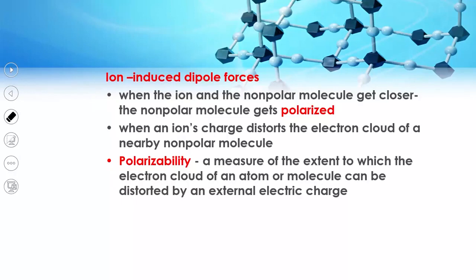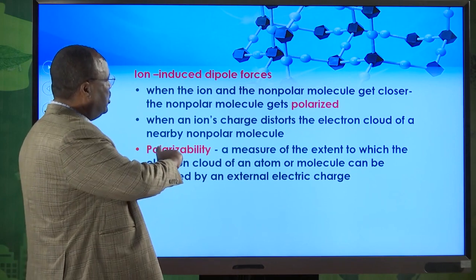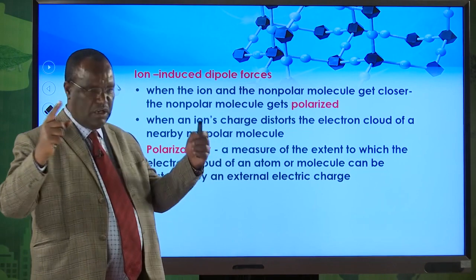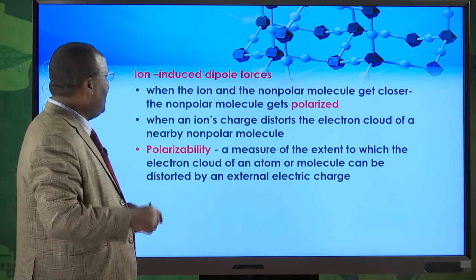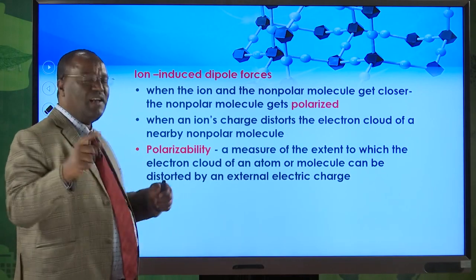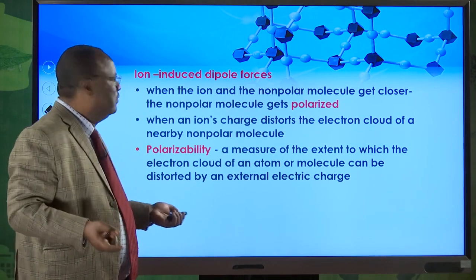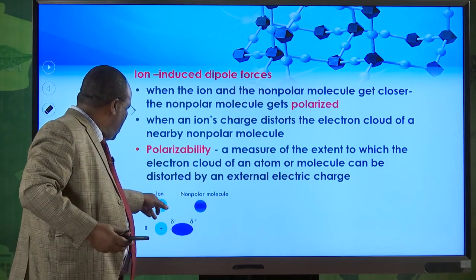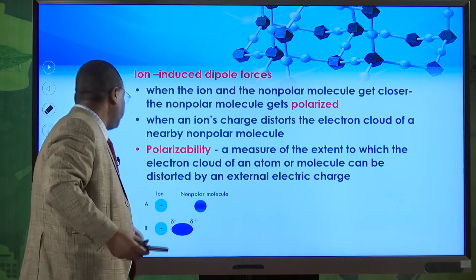So ions are charged particles. These ions can distort the electron clouds when the ions and nonpolar molecules come together. The electron cloud of the nonpolar molecule is distorted, and there is attraction between the ion and the induced dipole molecule. Look at this. These are ion A and ion B. These are nonpolar molecules.